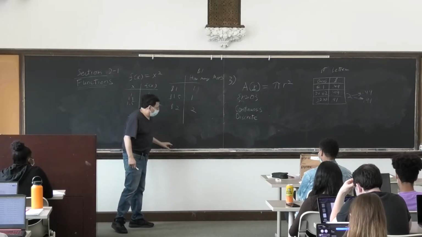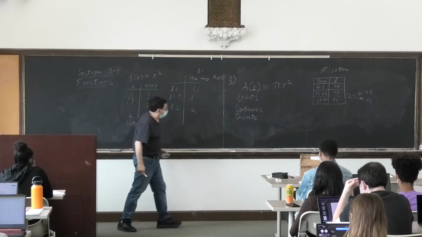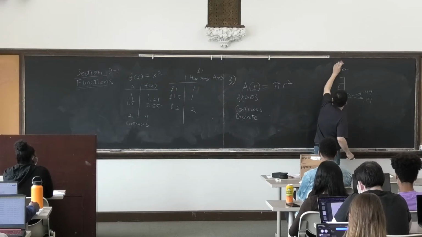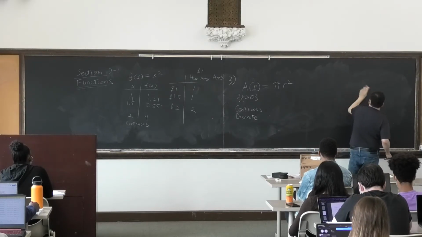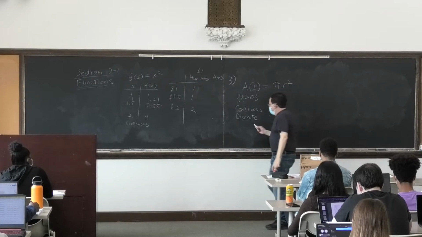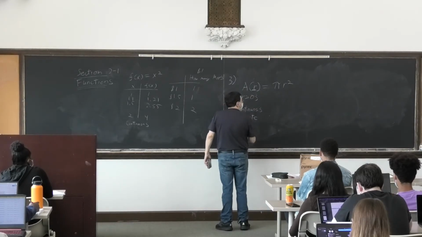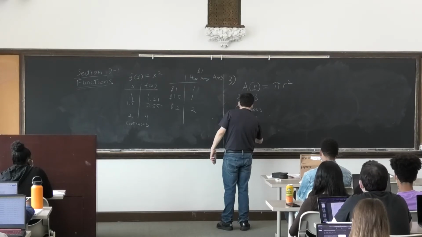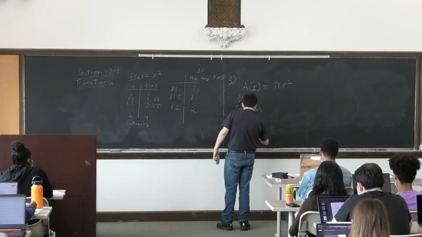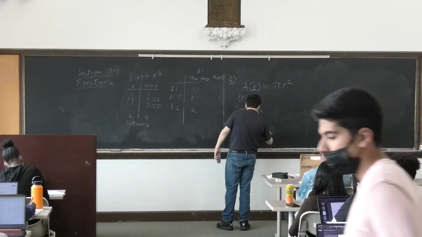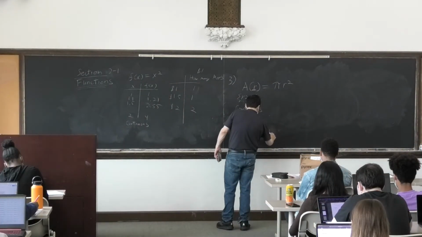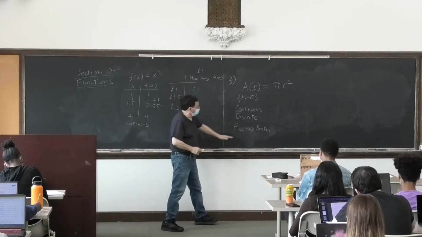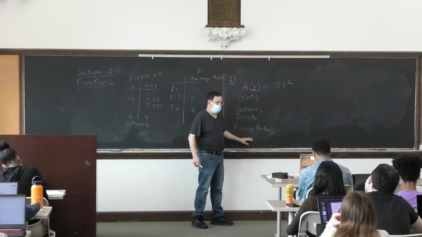But there's a third kind of function that we're going to look at, which we do need to know about. We don't really need to know about discrete functions or continuous functions. There's a type of function we call a piecewise function. Piecewise is more of a way of describing a function.